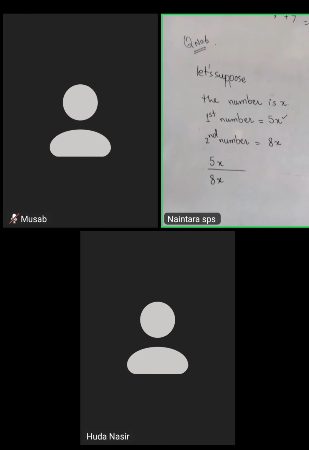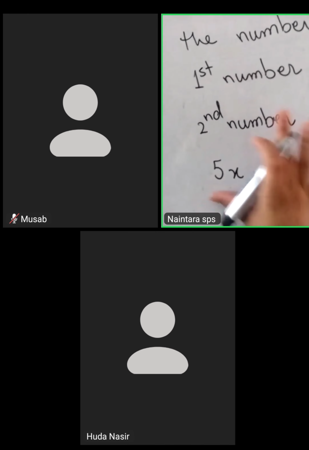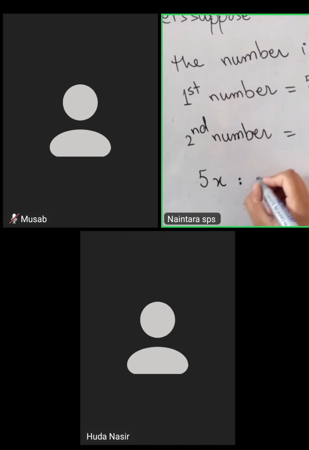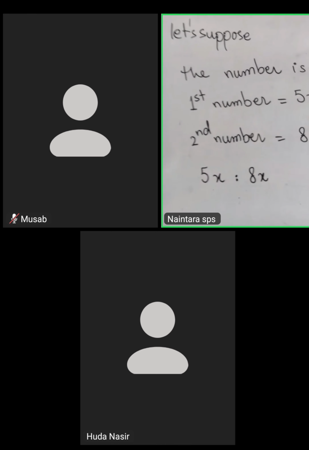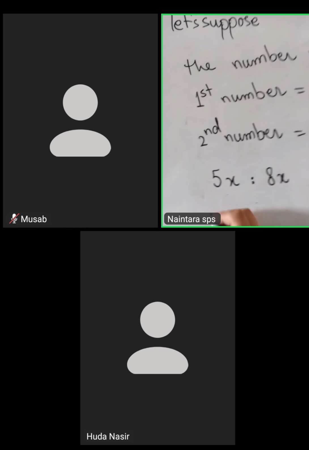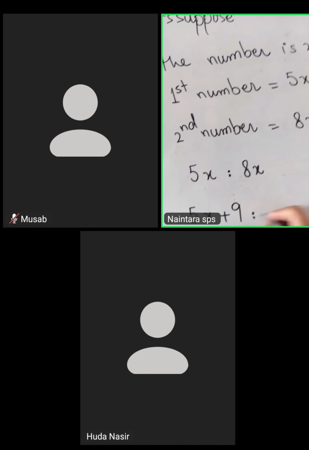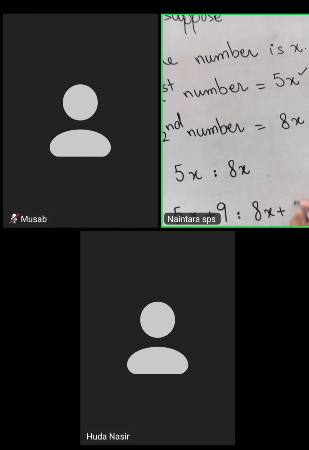You may write it in the ratio 5x ratio 8x. This was the first ratio. Now they are saying if 9 is added, then it becomes another ratio: 5x plus 9 and the other one is 8x plus 9.